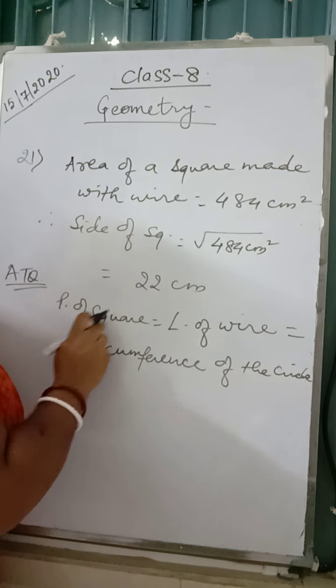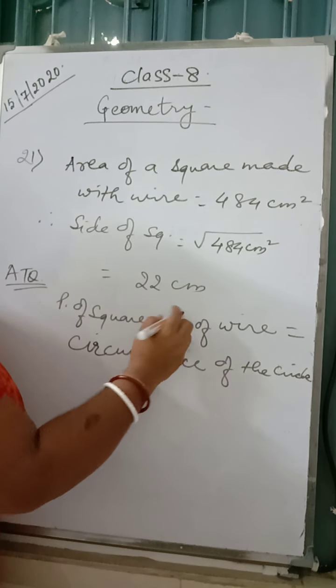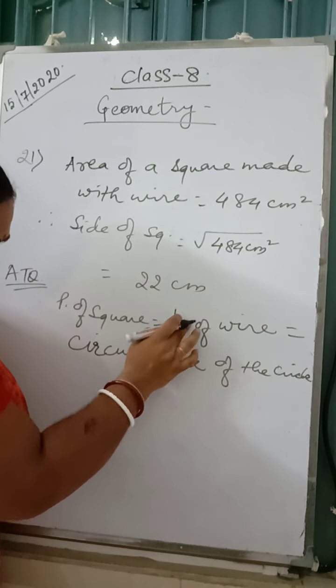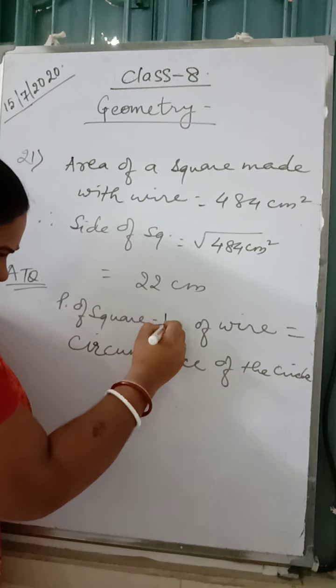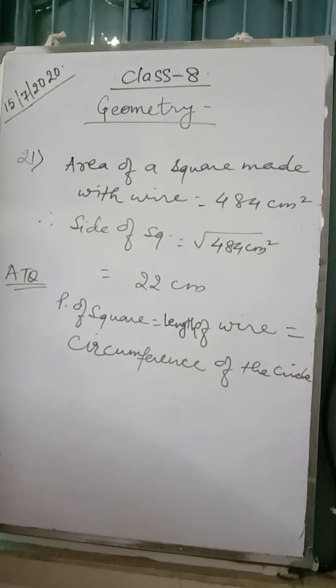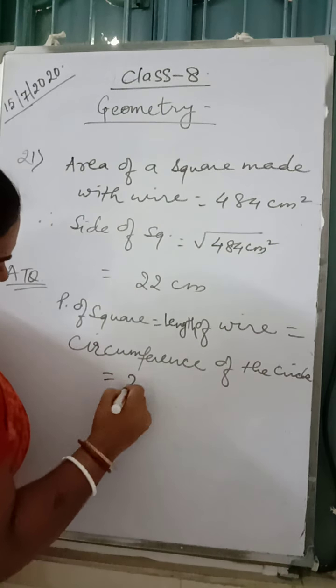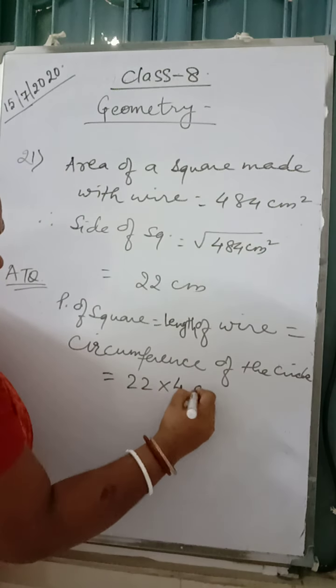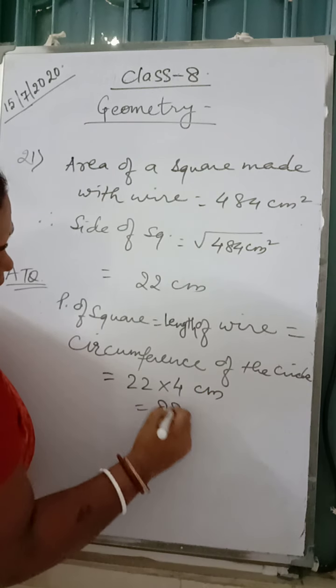So the perimeter of the square is equal to the length of wire, and that length only converted into circumference. So the length of wire is equal to the circumference of the circle is equal to 22 into 4 centimeter. We are getting 88 centimeter.